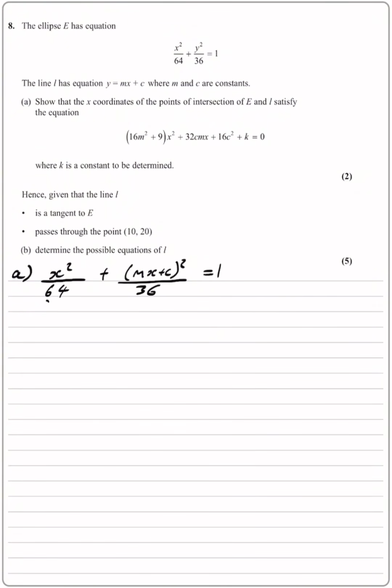I'm going to multiply both sides by 576. That's the lowest common multiple of 64 and 36, just to get rid of all of the fractions there. And I'm going to expand out the mx plus c squared as well.